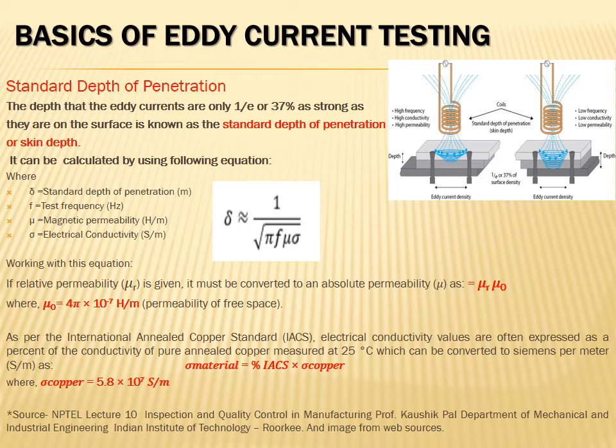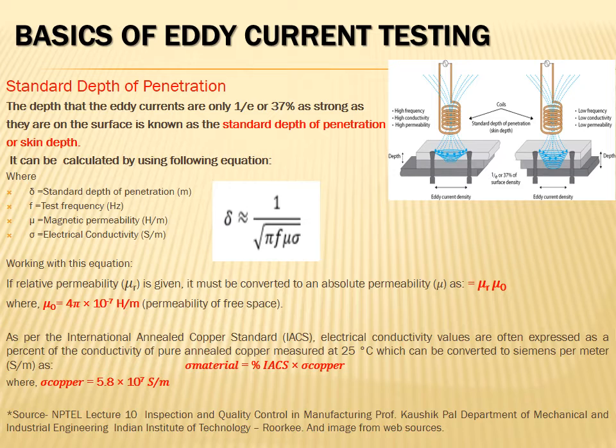We can calculate the standard depth of penetration or skin depth with the given formula, as you see on that slide: delta equals 1 by square root of pi f mu sigma, where delta is the standard depth of penetration, f is the test frequency, mu is the magnetic permeability and sigma is the electrical conductivity.